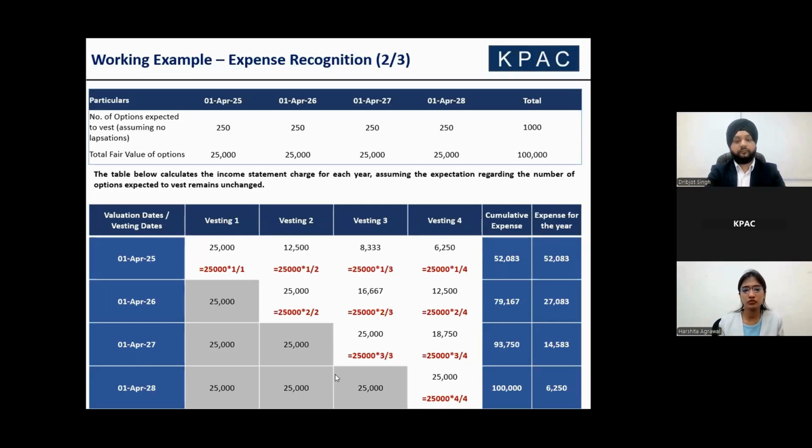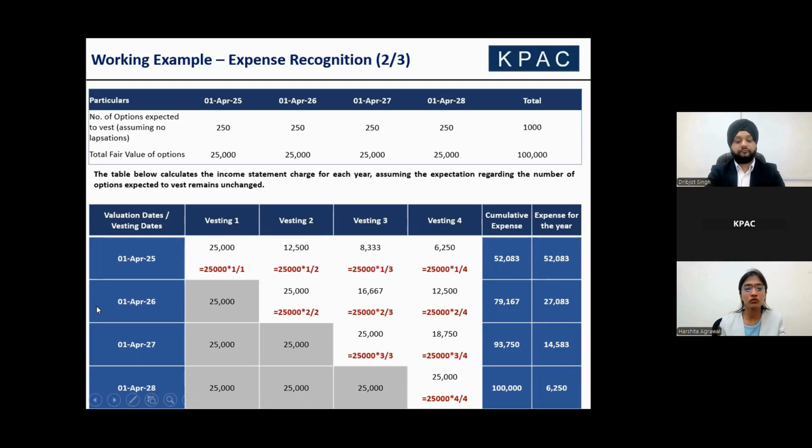So, for 1st April 2025, for the first vesting tranche, the entire 25,000 is recognized upfront. For the second tranche, we recognize half, which is 12,500. For the third, it is 1/3, and for the fourth, it is 1/4, giving us a total cumulative expense of 52,083 rupees.